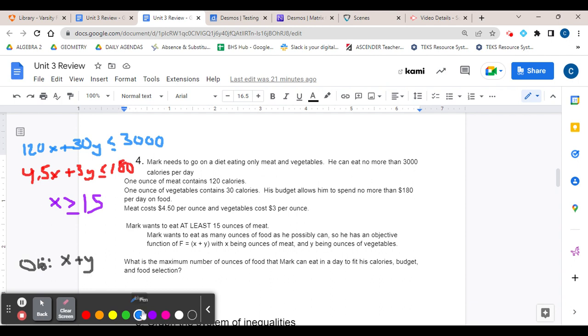Okay. We need to plot these graphs in Desmos, so we got to get y by itself here. So in that blue one right here, I'm just going to write it over here on the other side to save some time. So we're going to have y is less than or equal to 3,000 minus 120x all over 30.